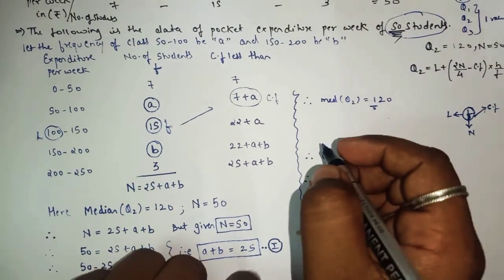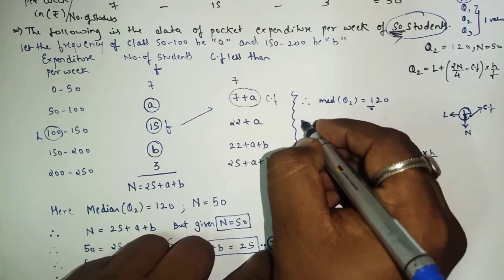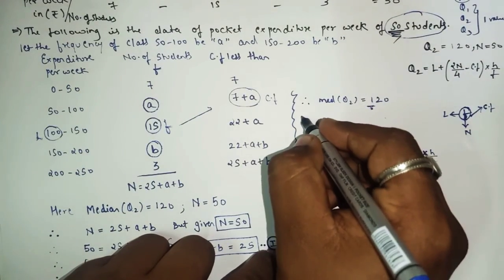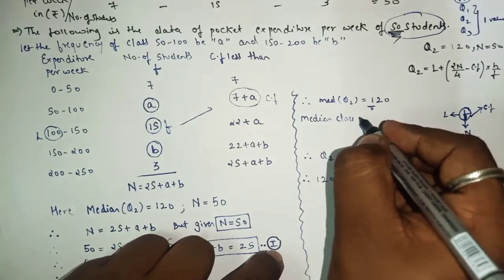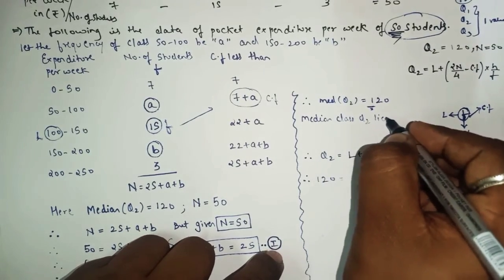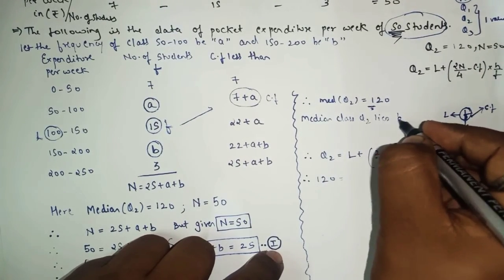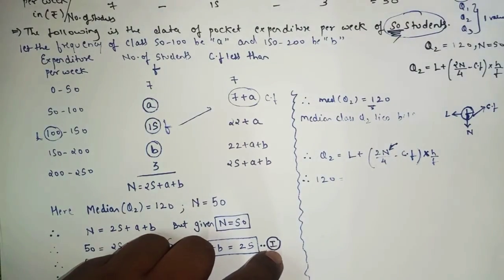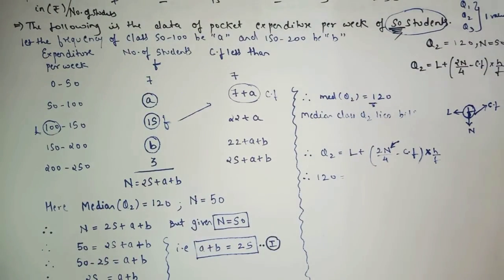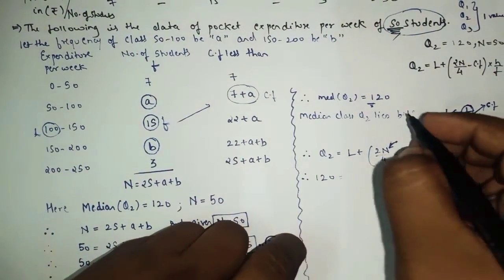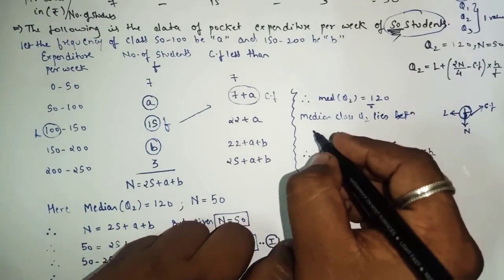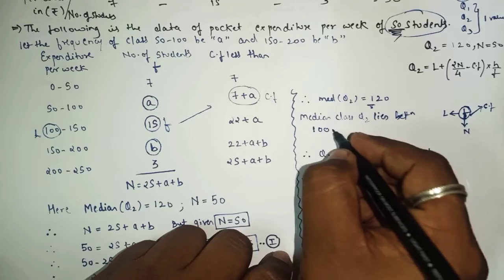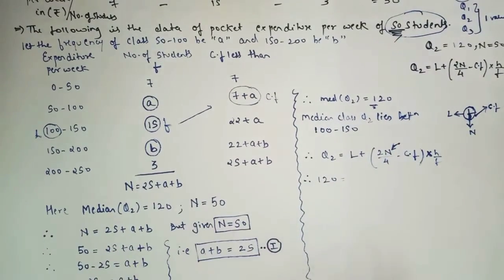So here we'll write the median class: Q2 lies between 100 to 150.